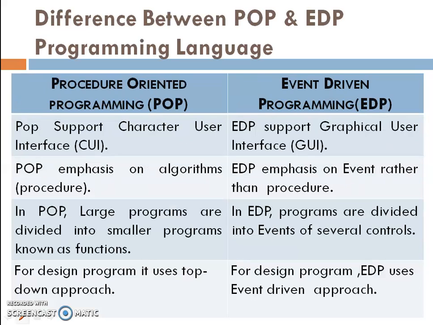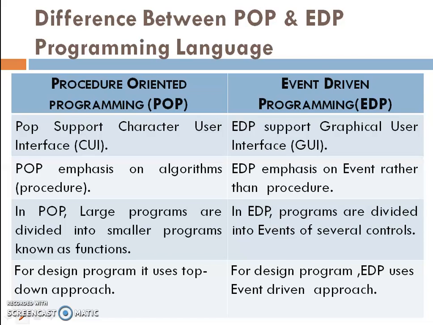Now differentiate between POP and EDP programming language. Procedure-oriented programming language means POP language and event-driven programming language means EDP language. Now, POP support character user interface CUI. EDP support graphical user interface means GUI. Then second point, POP emphasize on algorithm means procedure and EDP emphasize on event rather than the procedure.